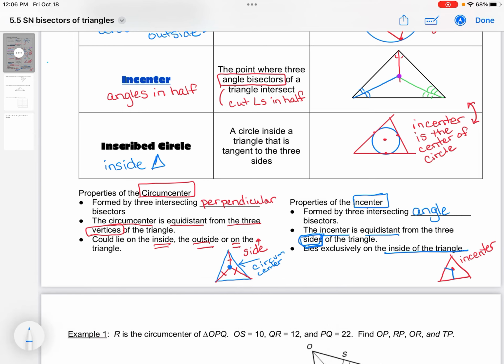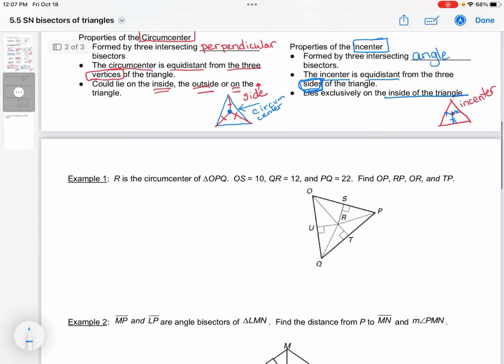But then if I took that incenter and I drew lines that went to the sides of the triangle, then these three lines would be equal to each other. So I find the incenter by doing angle bisectors, but then if I draw lines that are perpendicular to the sides, they're all going to be equal to each other. If that makes sense.